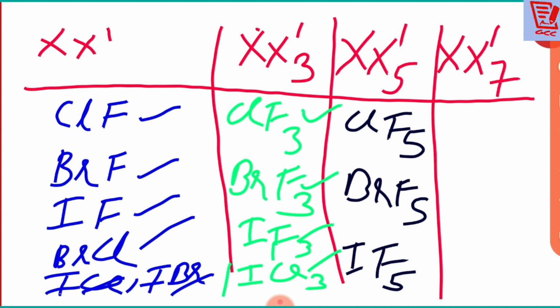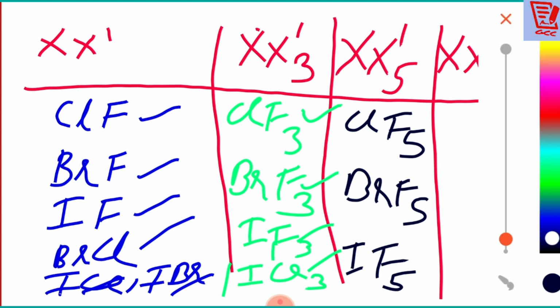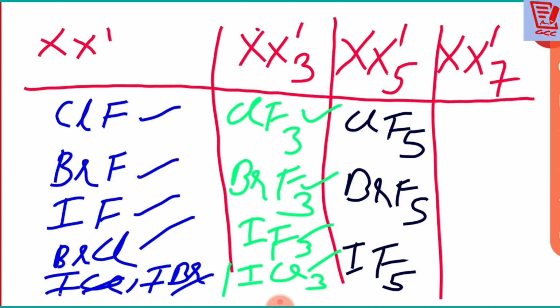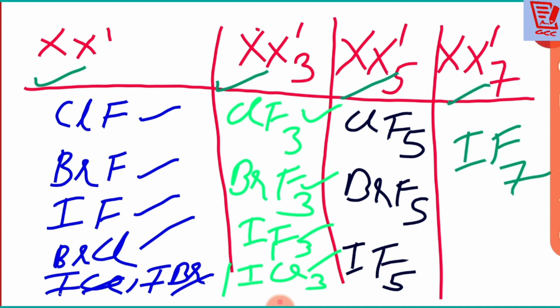Then after that we have examples of XX'7. For XX'7, one example is IF7. So see all of you, these are the examples. How many types are there? Total 4 types. Number 1 XX', number 2 XX'3, number 3 XX'5, then XX'7. And these are the examples that we have done.